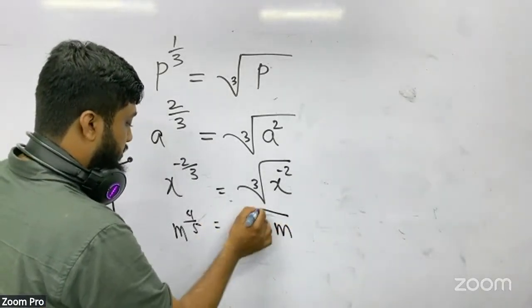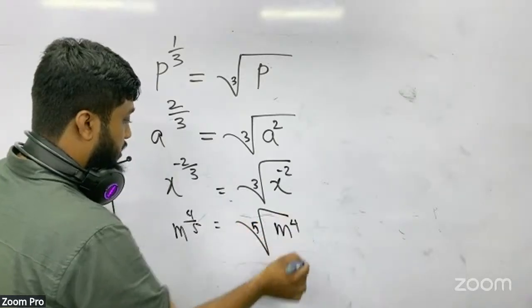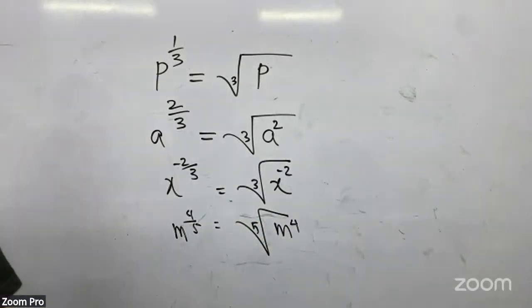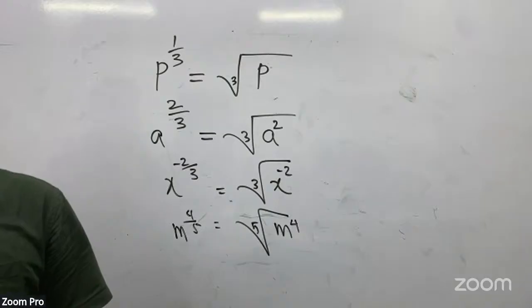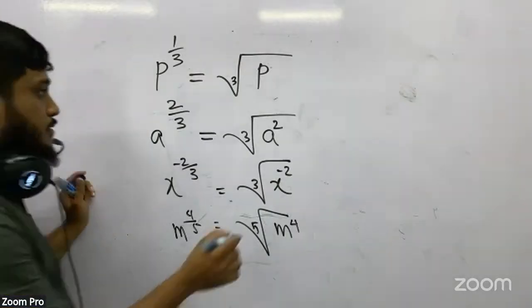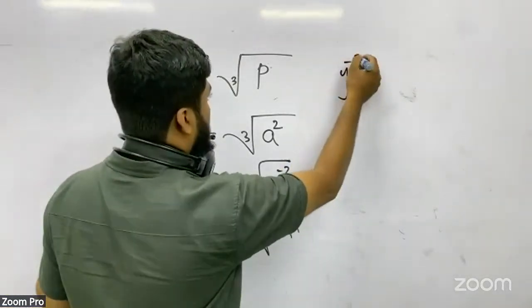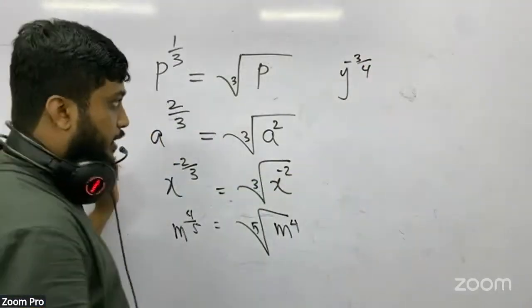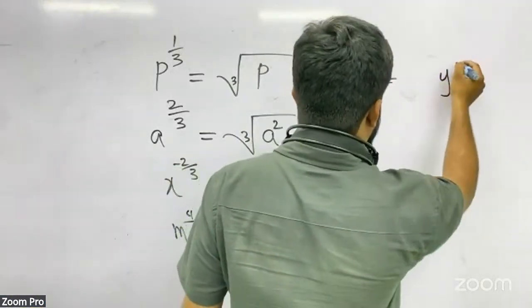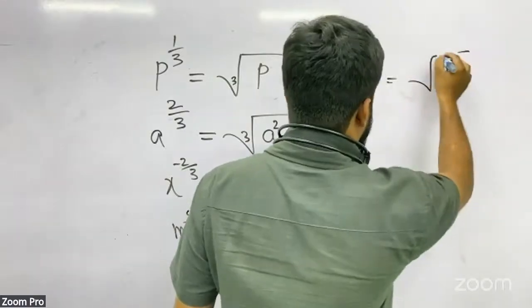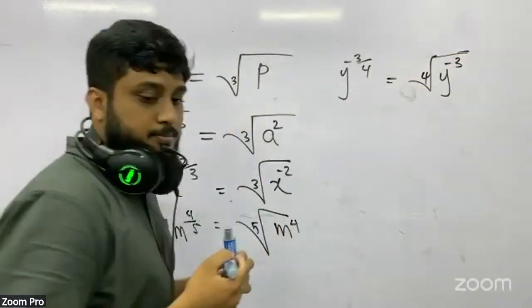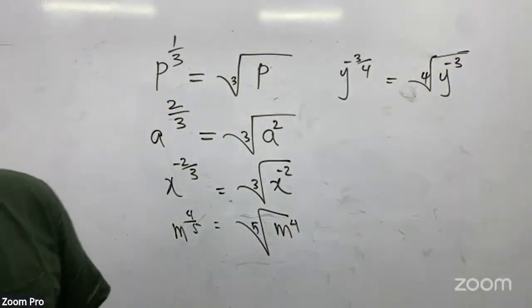M is here, 5 is here, 4 is here. Next. Y to the power minus 3 over 4. Then you will get here Y to the power minus 3, root 4. Clear? Okay.